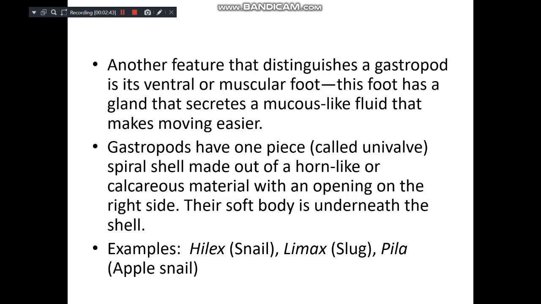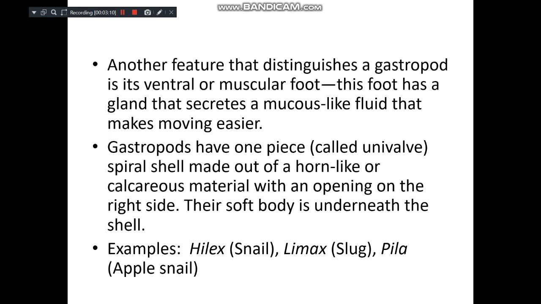Another feature that separates this Gastropoda is the ventral muscular foot, which distinguishes the Gastropoda from other molluscans. This foot is always appended with a gland that secretes a mucus-like fluid.